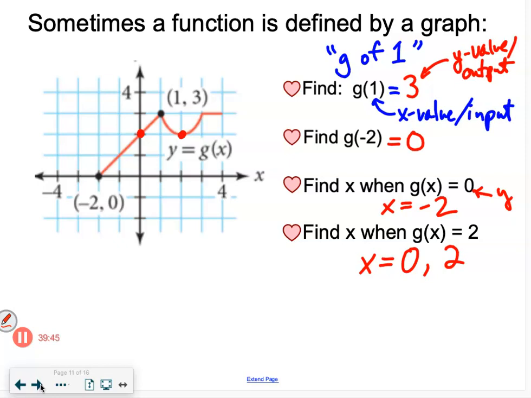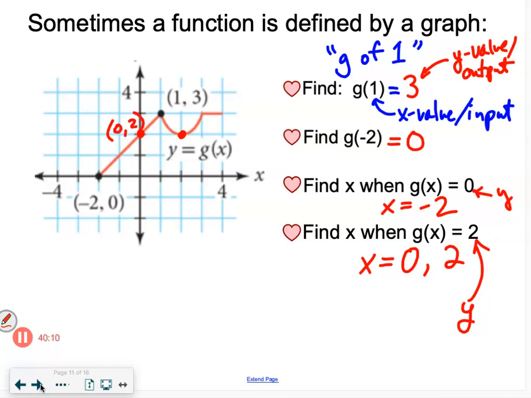Okay, let's make sure. So this 2 right here, that's a y value, right? So we want to know what x values have a y value of 2. If you were to write ordered pairs, what would this ordered pair be? 0, 2, right?